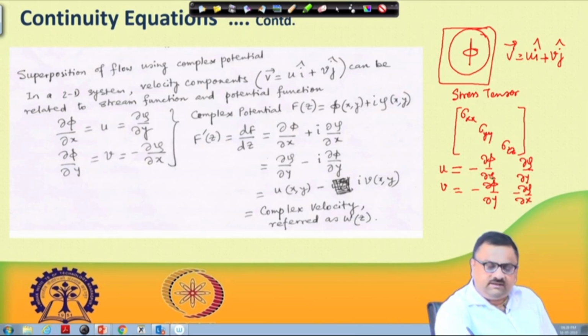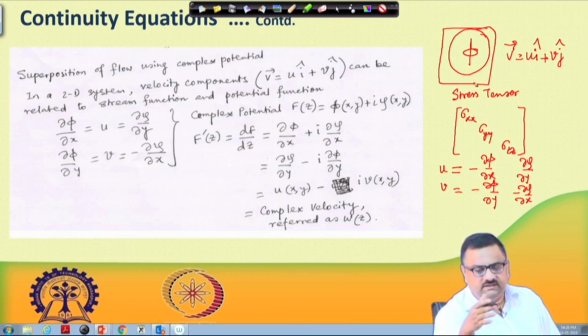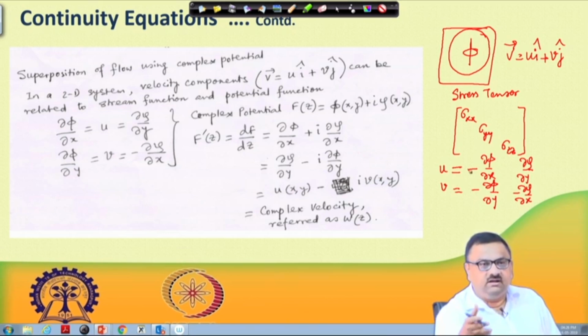Now, there are some people who argue that, if you call it the potential, the origin of potential is the gradient along which the flow will take place, just like along the temperature gradient the heat transfer takes place. So, you should impose a minus sign, just like we have in Fourier's law of heat conduction, minus k del T del x.